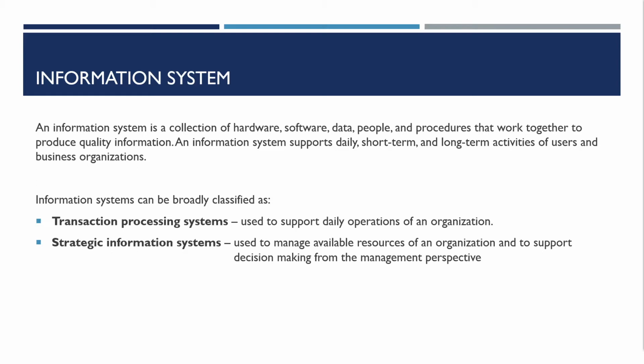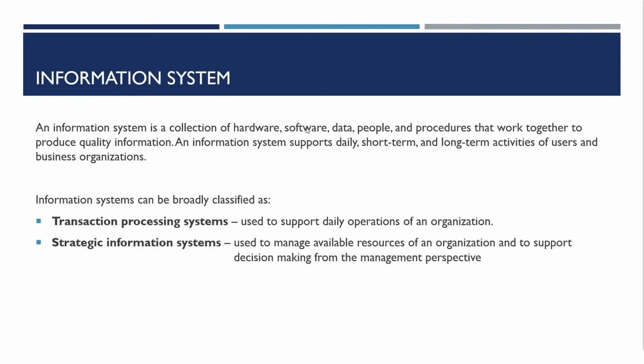An information system is a collection of hardware, software, data, people, and procedures that work together to produce quality information. It's like a team of living and non-living things working together to deliver a good output or service. Okay, so a collection of hardware, software.